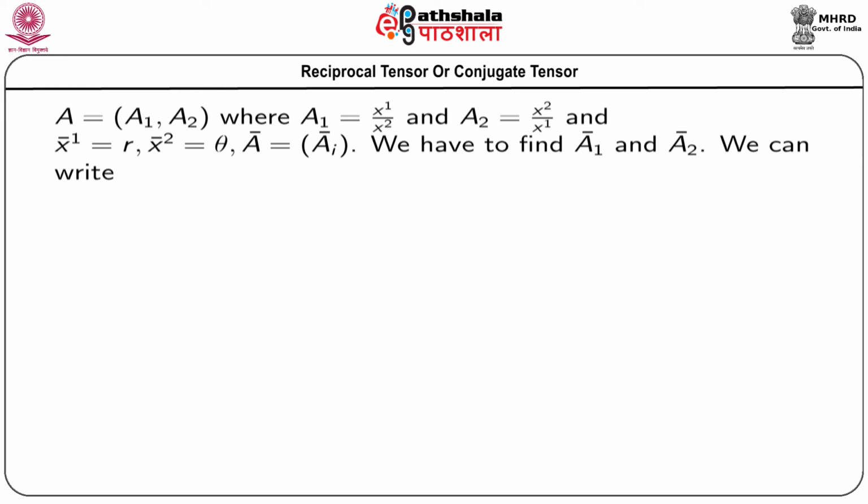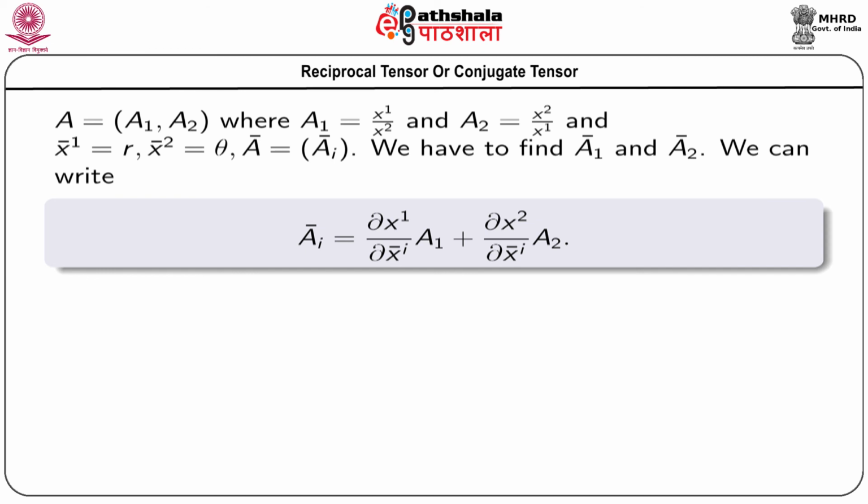Now, we have to find the components a bar 1 and a bar 2. So, we can write a bar i as del x1 by del x bar i times a1 plus del x2 by del x bar i times a2.